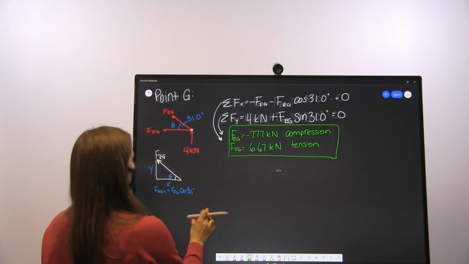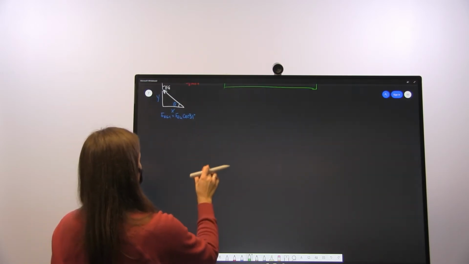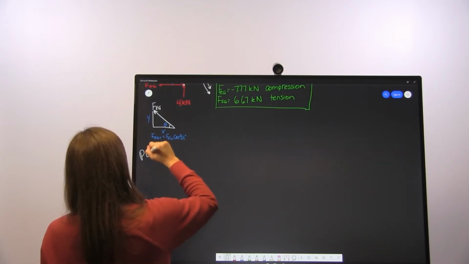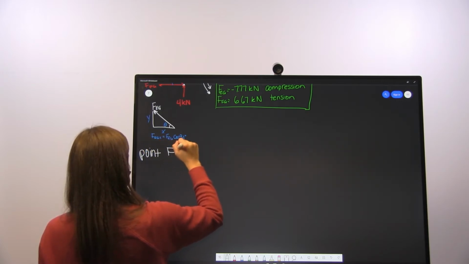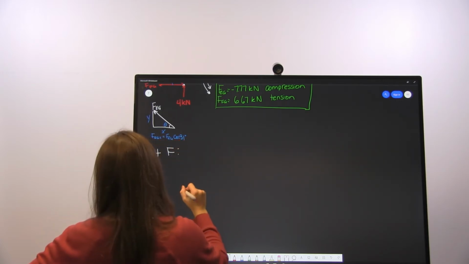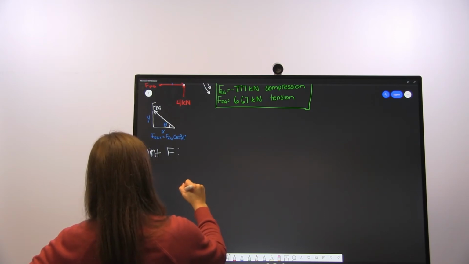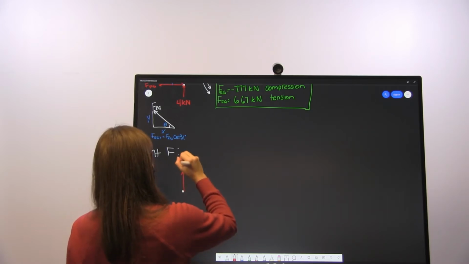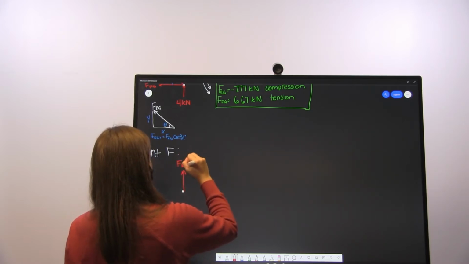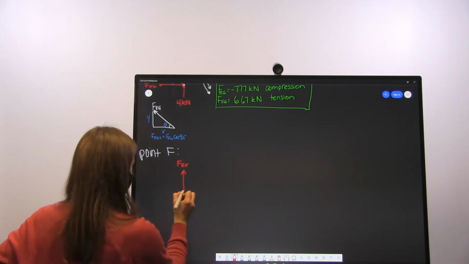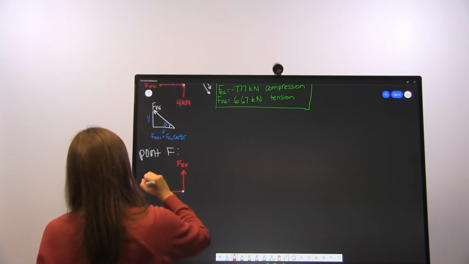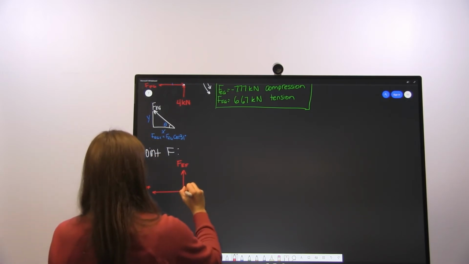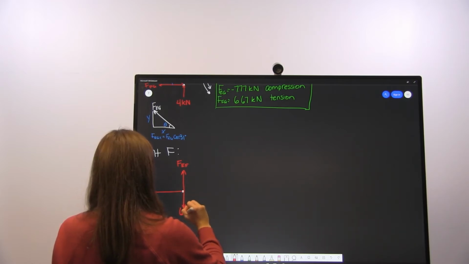So from here, we're going to just continue on. We're going to do point F. And at point F, the forces acting on F are going to be an upward force of EF, the force to the left of member DF, and we have this downward 6 kilonewtons.